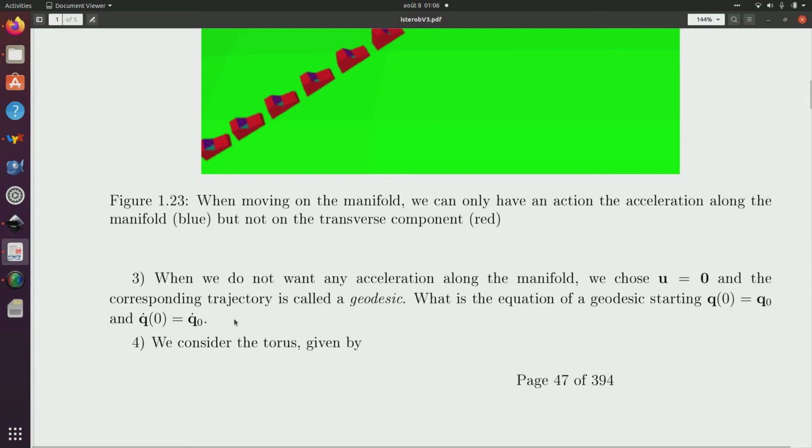The corresponding trajectory is called the geodesic. They correspond to the shortest path, and I have in this question to give the equation of a geodesic which starts at a given configuration q of 0, and I have also a condition on the derivative q dot of 0.